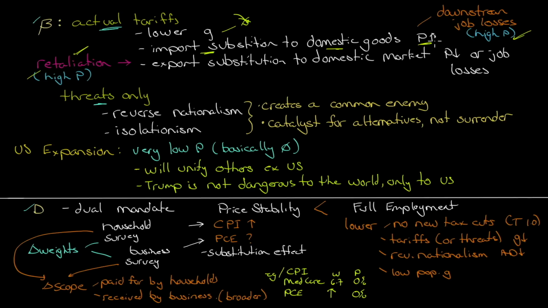You only need the anticipation of a price increase for prices to start increasing. Just the expectation that something will happen will start to increase prices. So you're already starting to see tariff inflation in steel and aluminum, even without tariffs. It's only the expectation. And if you have to import to domestic goods, the price will go up.